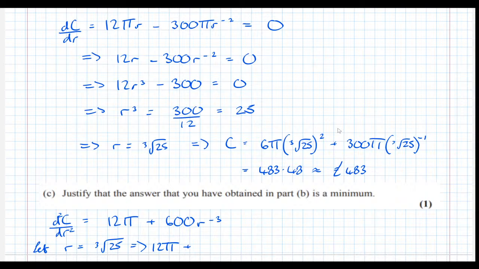But I'm glad you pointed that out, because this one here, I actually called the wrong thing. I called that dc by dr, when actually I'd already differentiated again, so it's actually called d2c by dr squared.